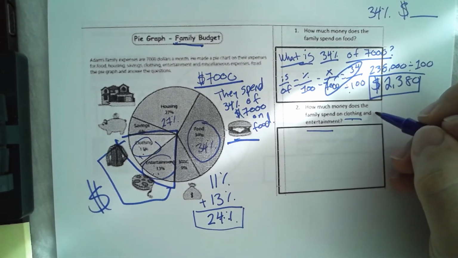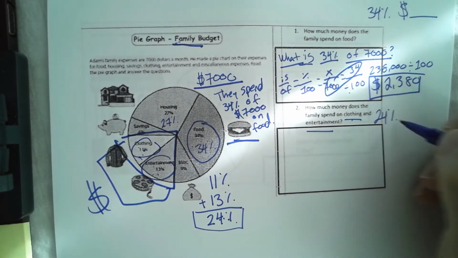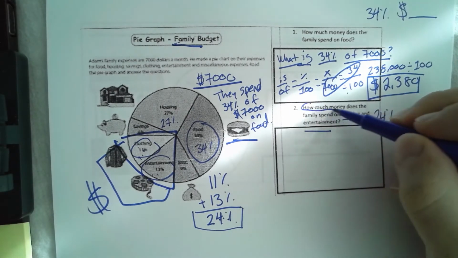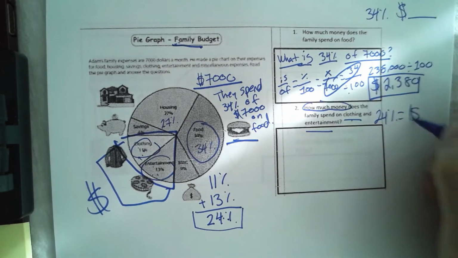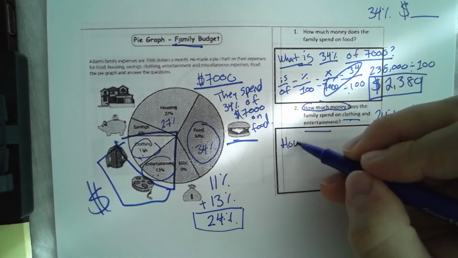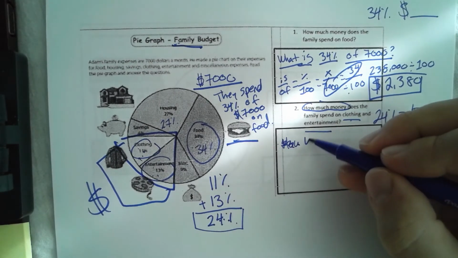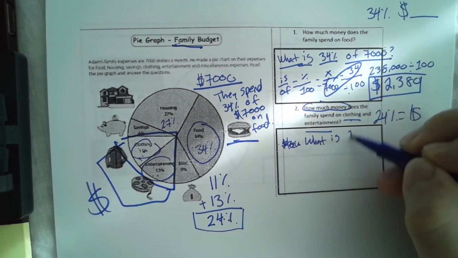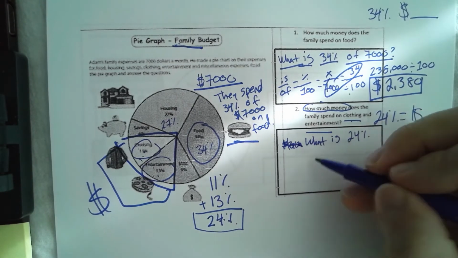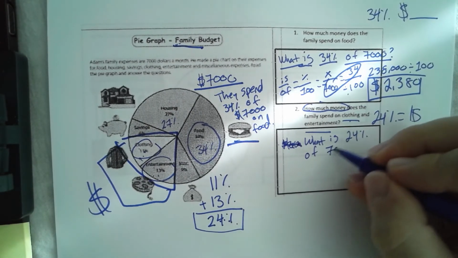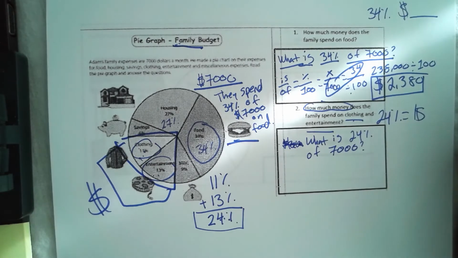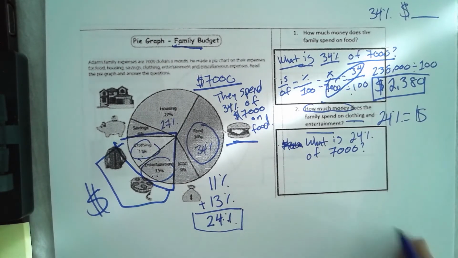But I can't say this answer is 24% because it's asking me how much money. So I need to figure out what is 24% of $7,000? Okay, do the same thing we did here.